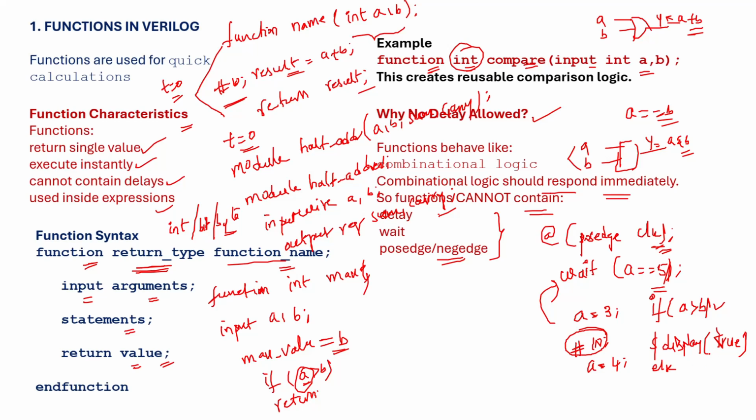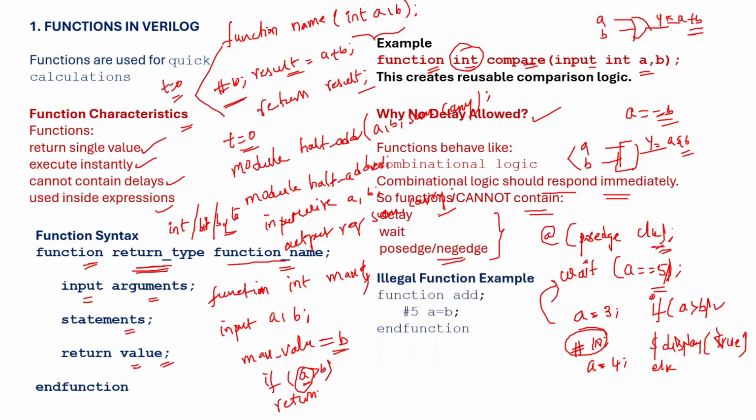But wait is not like that. It waits for the same condition, whatever condition you have written inside the wait keyword. Whenever that condition occurs, only then does it terminate the loop. Otherwise, it does not terminate.